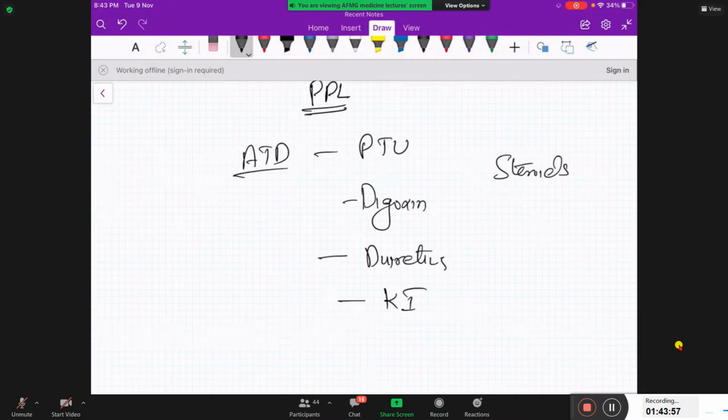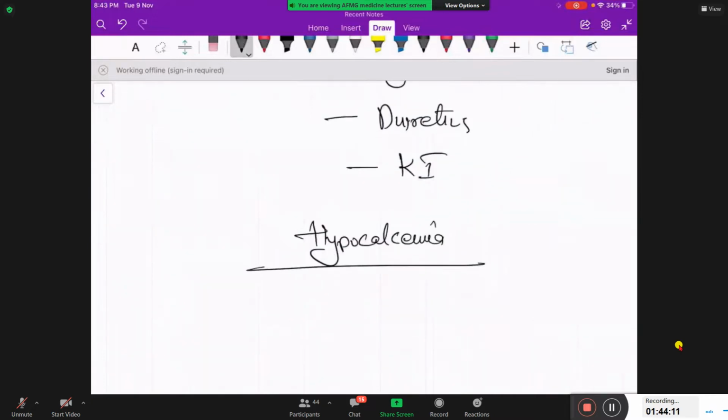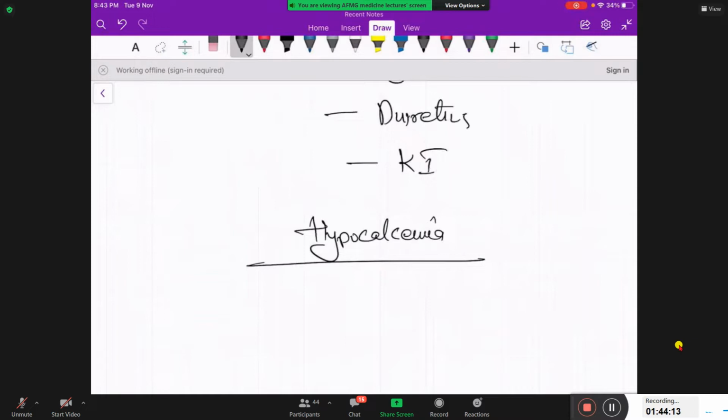Okay. So these are the early complications. One complication which is never an early complication of thyroid surgery, again a question asked, is hypocalcemia. This complication is never an early complication of thyroidectomy.